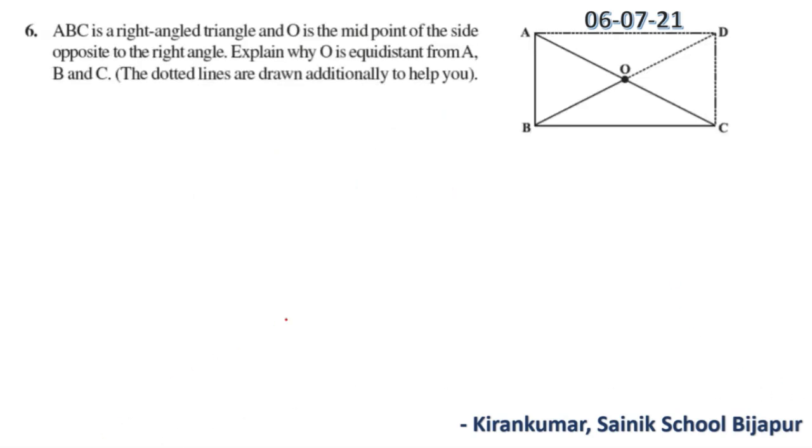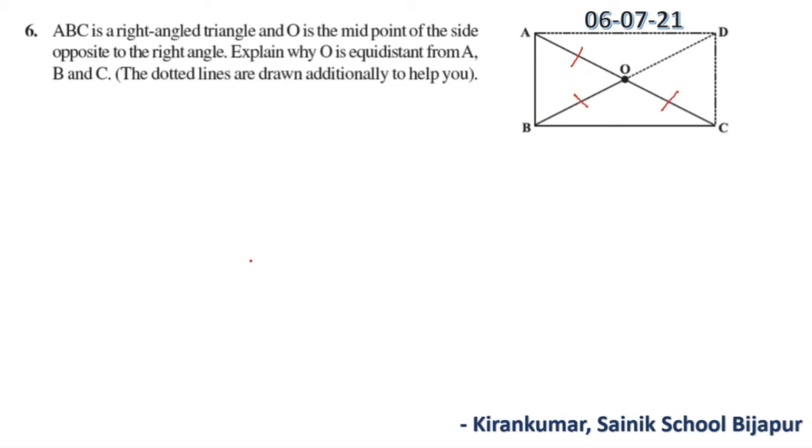Question number 6. ABC is a right-angled triangle and O is the midpoint of the side opposite to the right angle. Explain why O is equidistant from A, B and also C. We need to show that AO is equal to BO is equal to OC.